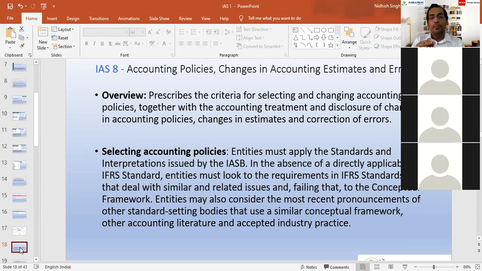The second thing that a company needs to be aware of is the conceptual framework of the IFRS, because the framework is kind of the master guideline for any accounting policy or estimates. The third thing is we also need to check if there is already any particular accounting standard which dictates the accounting policy. IAS 8 is the overall guideline.